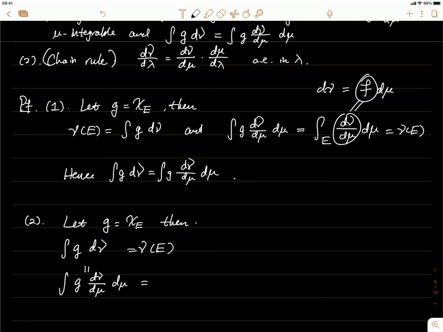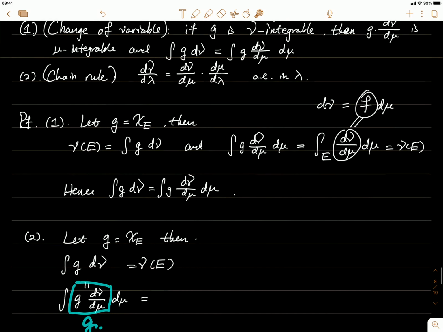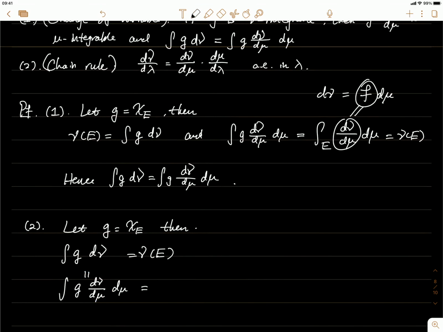And then when we set this thing together as G, treat this whole thing as G, and then using the change of variable, item 1, this is also equal to the integral of G d nu d mu. This whole thing is the G as before, and then this d mu d lambda. Okay, so this is true for any set E.